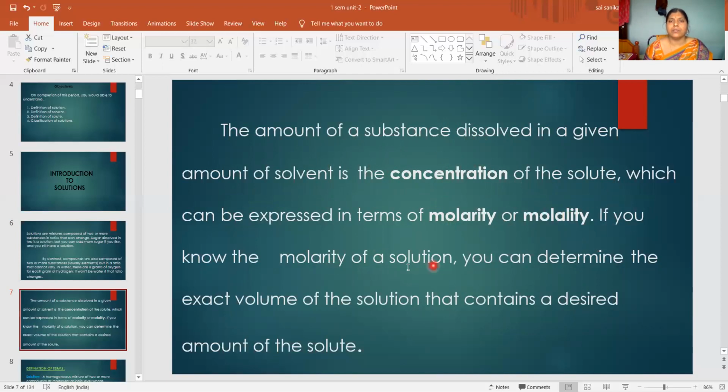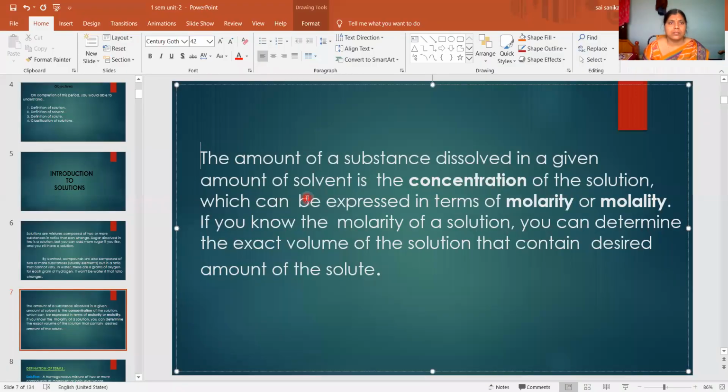If you know the molarity of a solution, you can determine the exact volume of the solution that contains a desired amount of the solute.